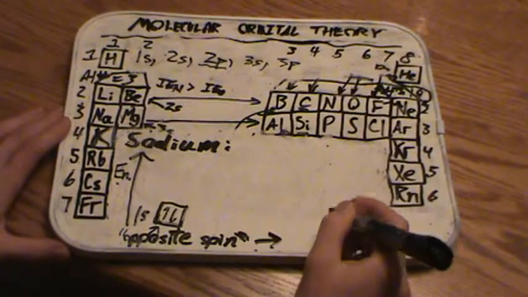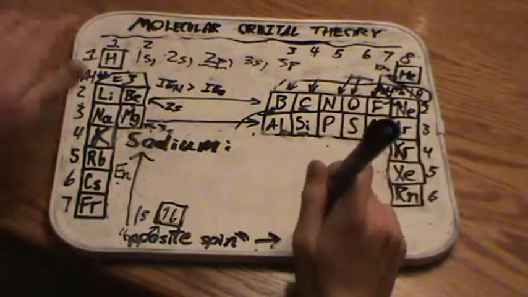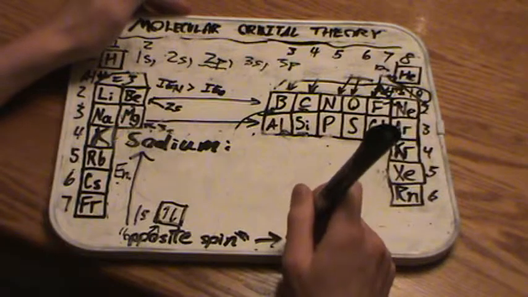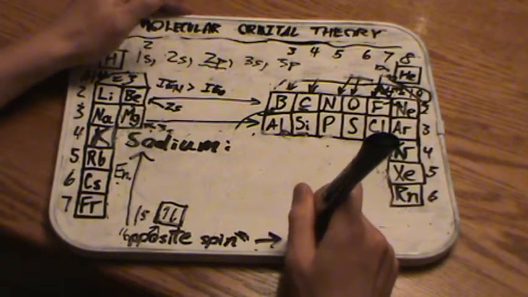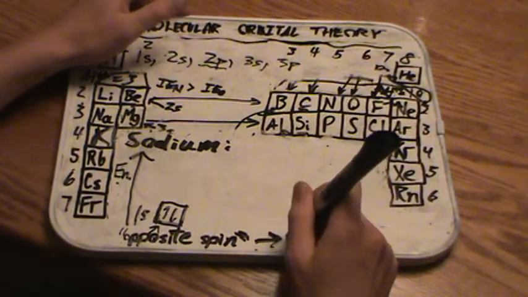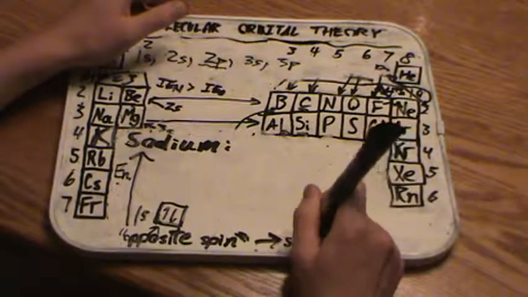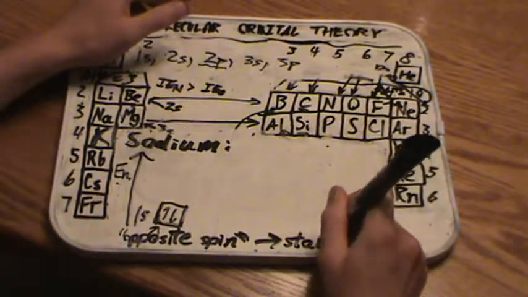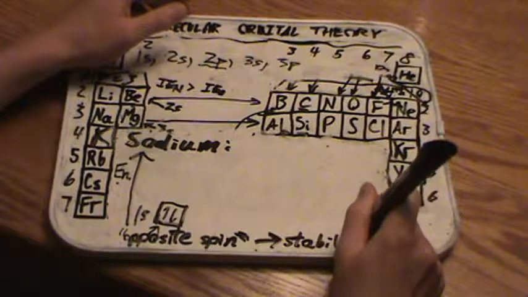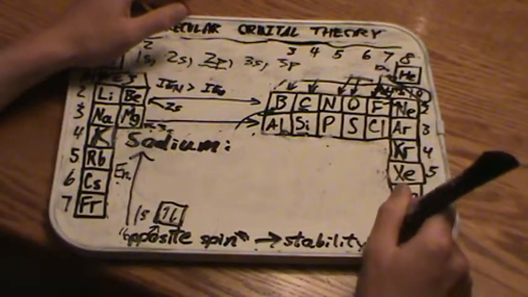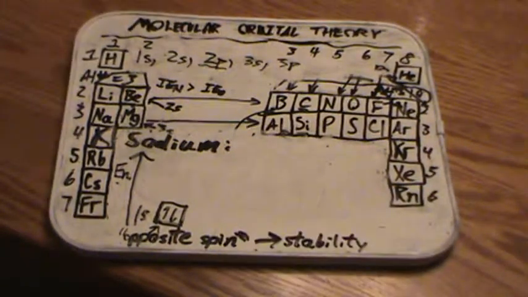And this has a lot to do with quantum mechanics, but I will not necessarily talk about this because it is a very deep subject. The opposite spin creates energetic stability, because that is exactly what we will be talking about this entire video, the idea of energetic stability.